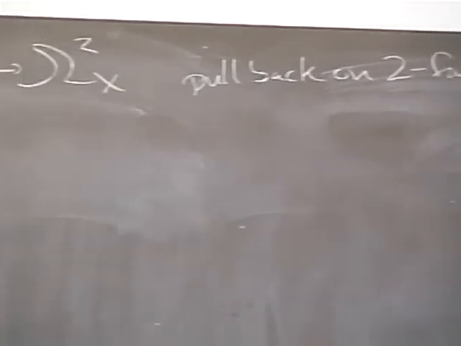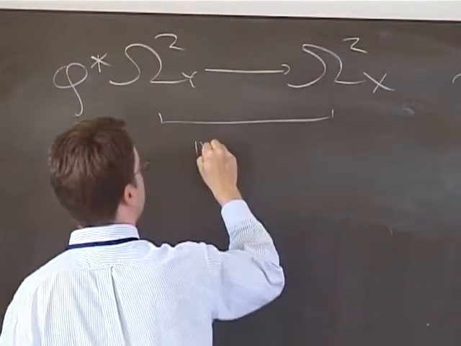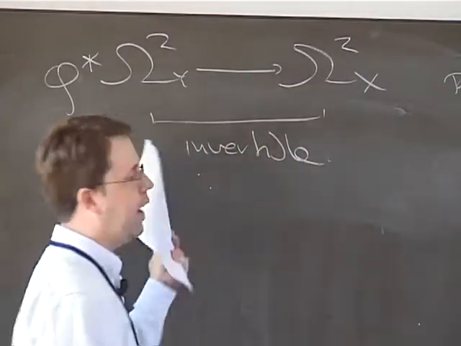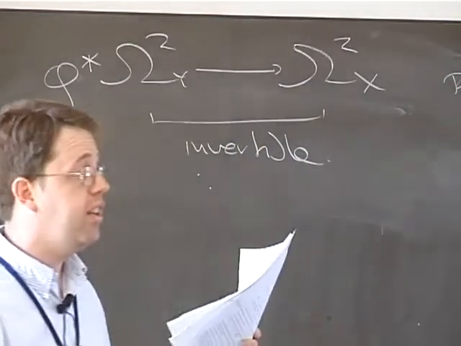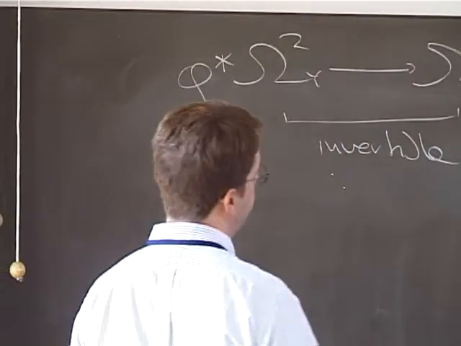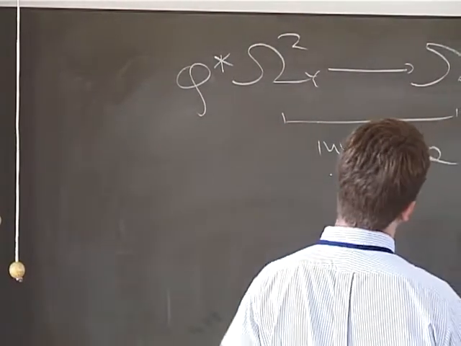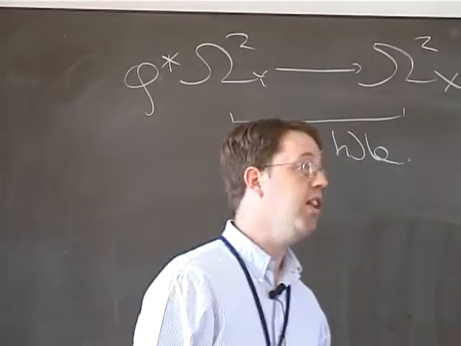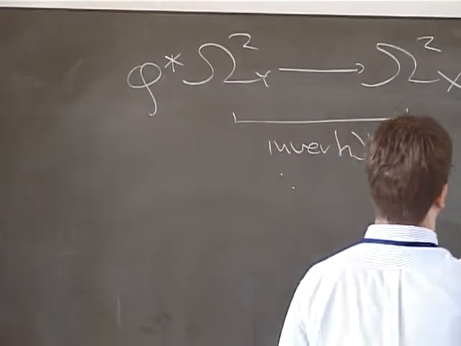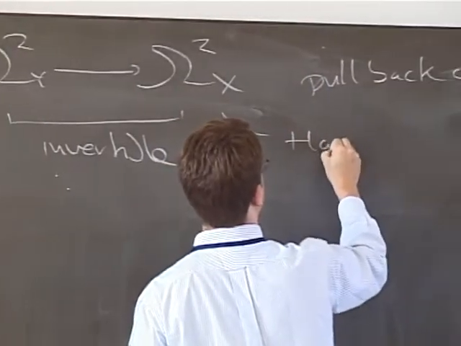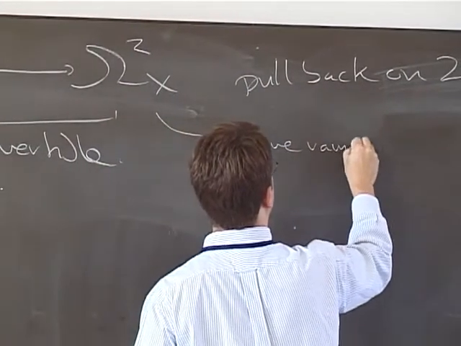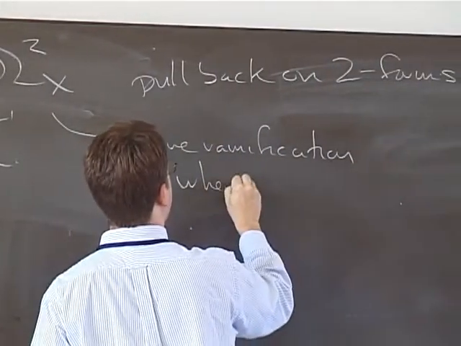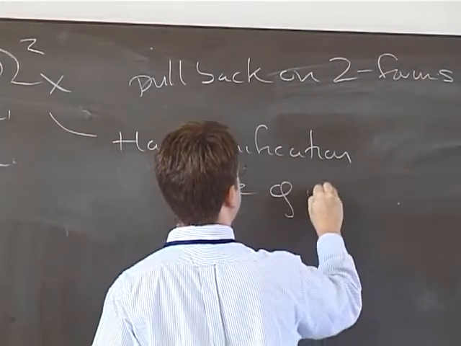Now, these are both invertible sheaves, because x and y are non-singular. These are rank 1 sheaves. But this is definitely not an isomorphism, because we definitely have ramification, where phi is not an isomorphism.